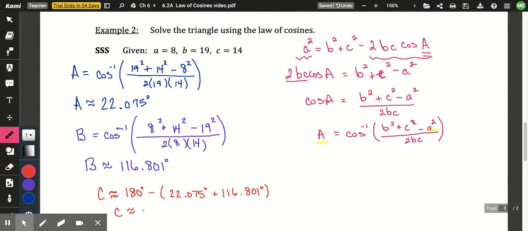So anyhow, I'll put that one in my calculator, and I got 41.124. Again, degrees.